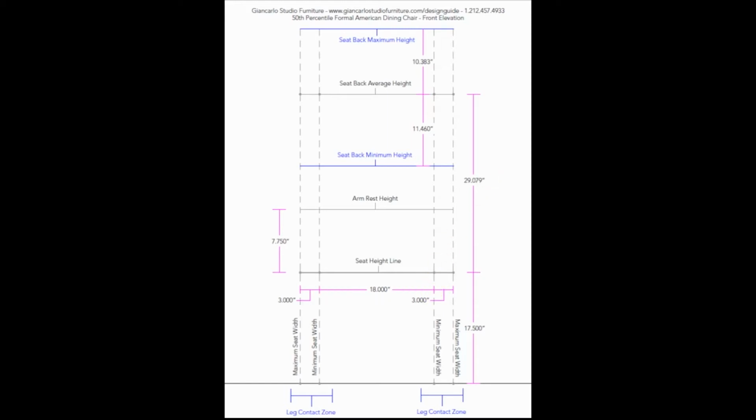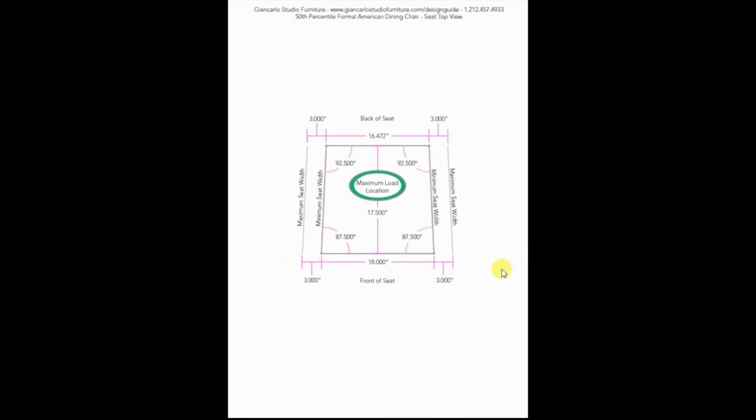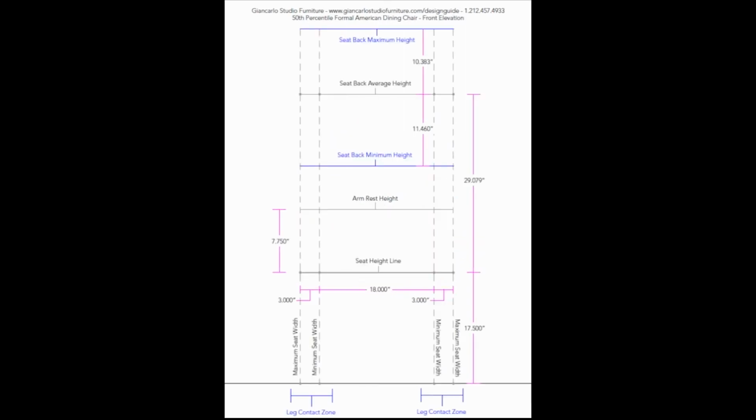If that notion causes confusion, refer to the seat top view, or bird's eye view, and note how the minimum dining chair seat tapers in toward the back to a minimum width of 16.472 inches. The dotted lines, drafted in gray, outline the minimum and maximum seat width. These lines are critical for the area where the seat height line intersects the maximum and minimum seat width guiding lines.